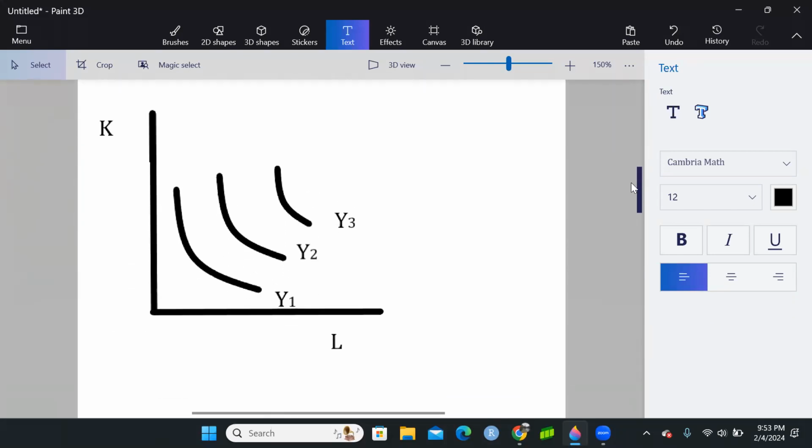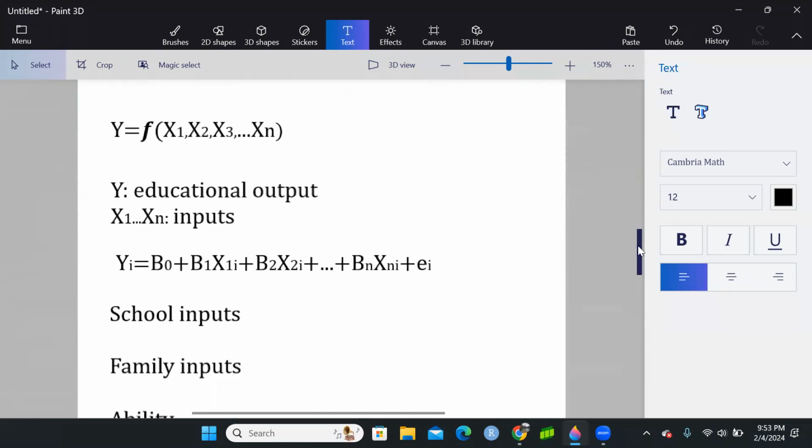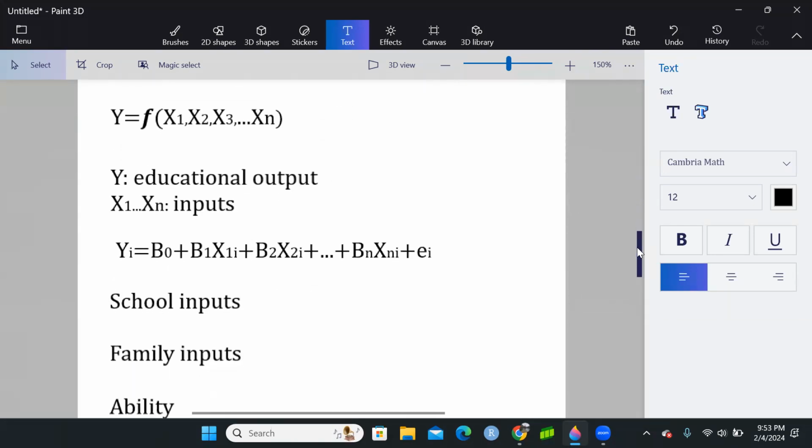I don't know if my next video will be about the education production function, or if I'll move on to something else, but at some point in the future, I think it would be helpful to return to this idea and maybe flesh it out a bit more thoroughly.